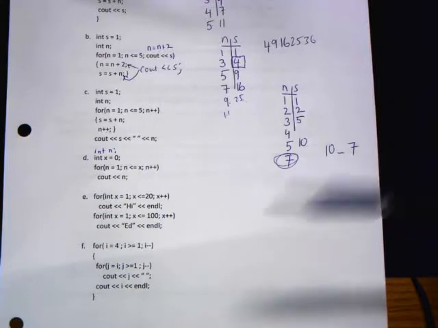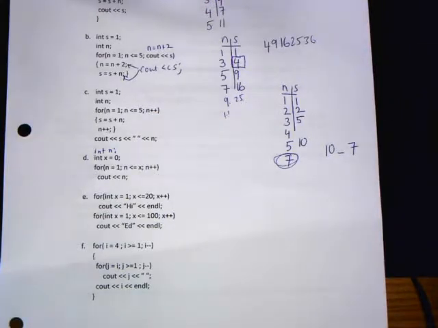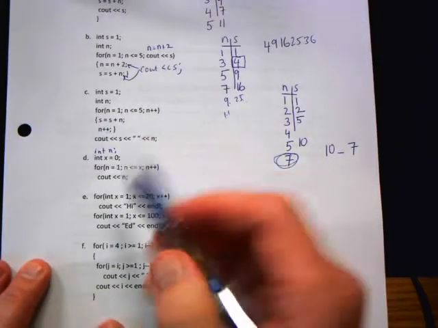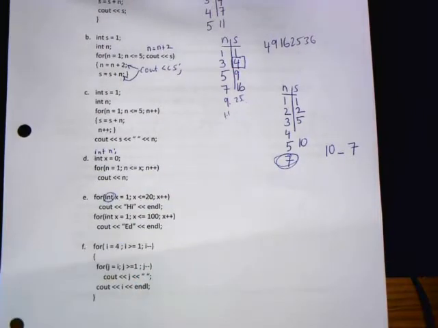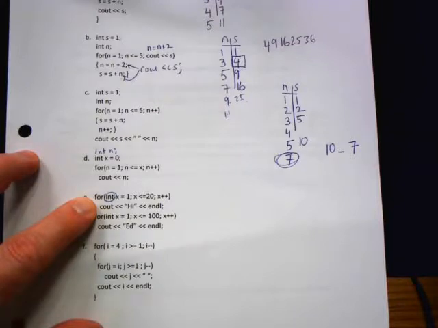E, good coding, bad coding. I don't see anything wrong with that. Notice they declared their ints in here, inside the for loop. You can do that. That's fine. What's it going to print? It's going to print hi 20 times and ed 100 times.